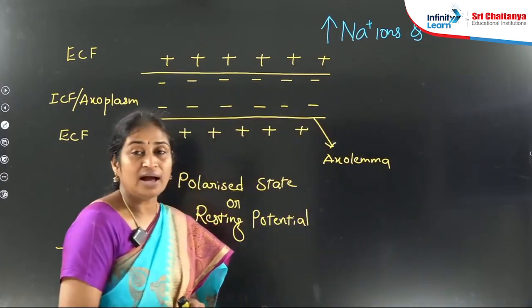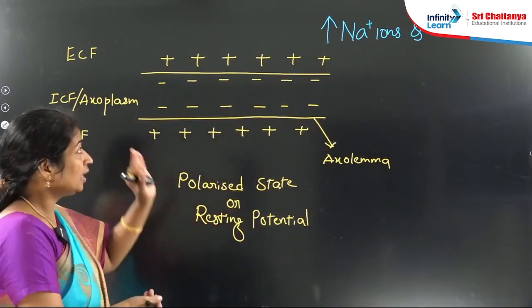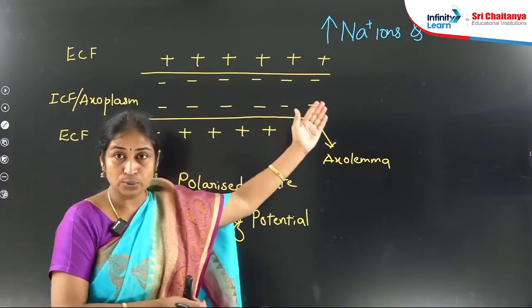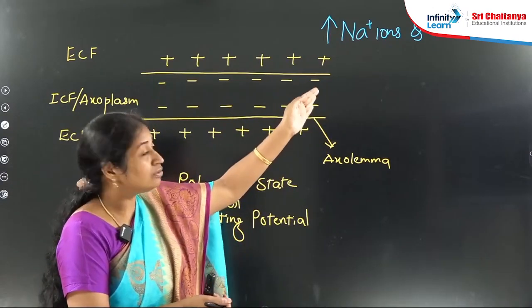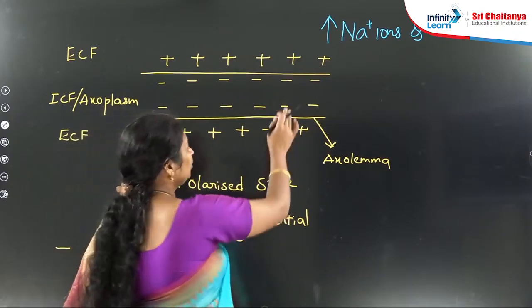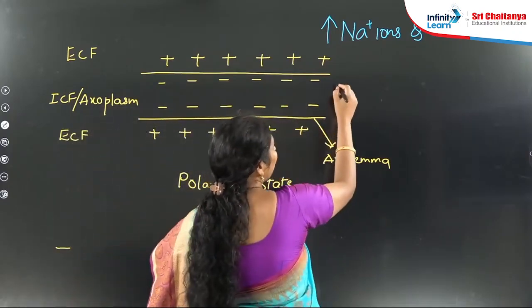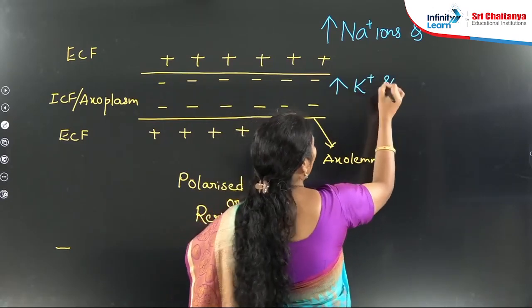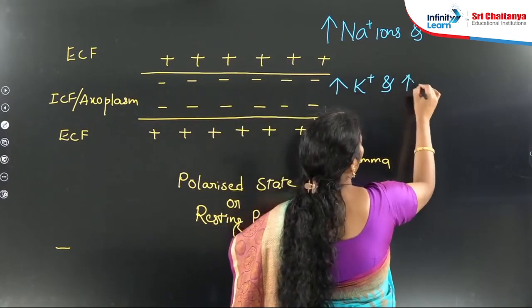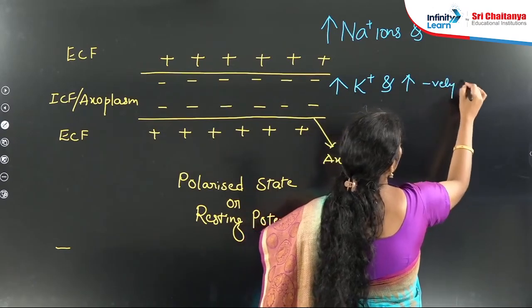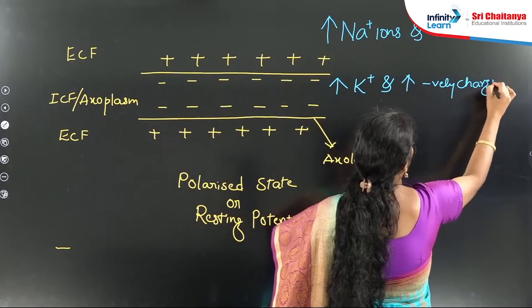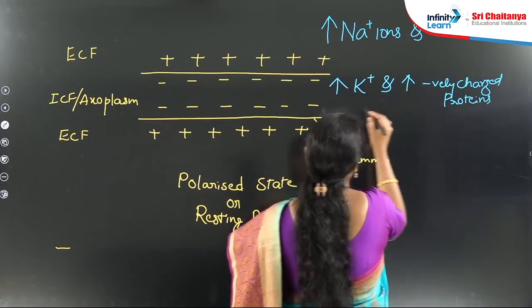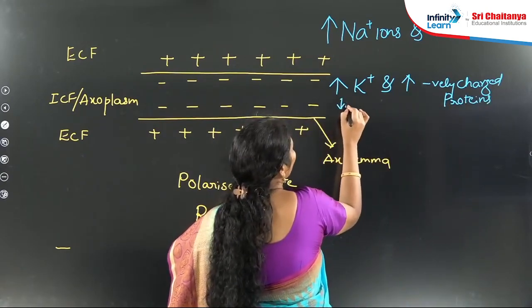In the extracellular fluid there is more sodium and less potassium. What about inside, the axoplasm? Axoplasm will have high amounts of potassium, and also high amounts of negatively charged proteins, as well as low levels of sodium ions.